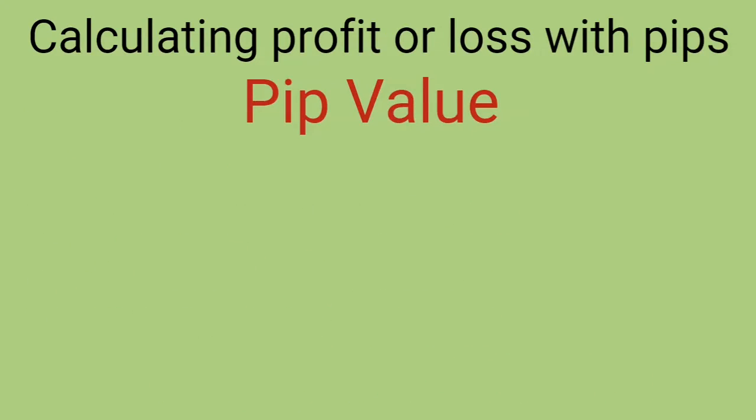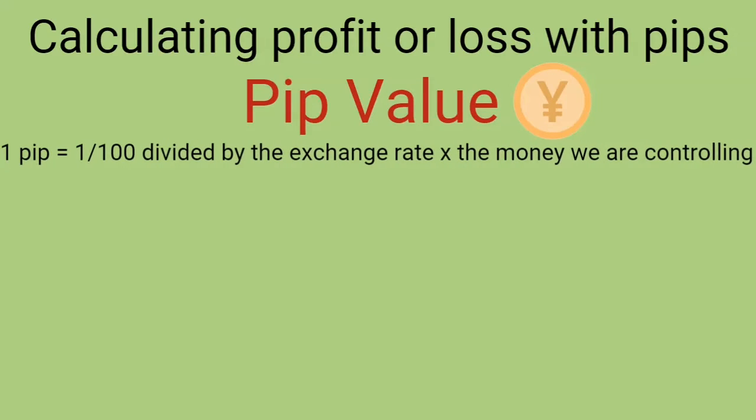For any pair that includes the Japanese yen, calculating the pip value is slightly different. The pip value equals 1/100 divided by the exchange rate, times the money that you control.